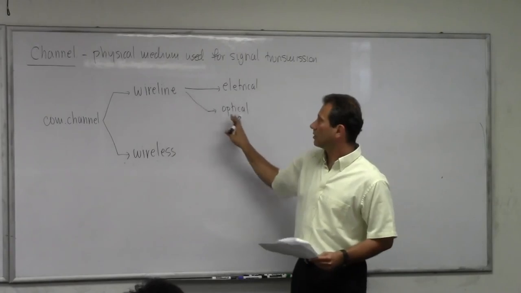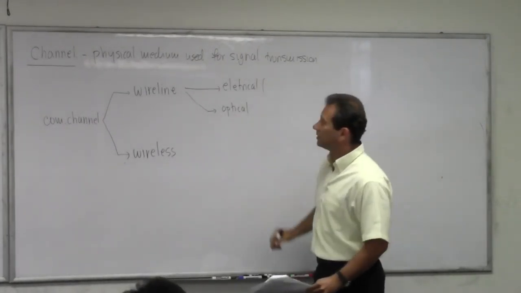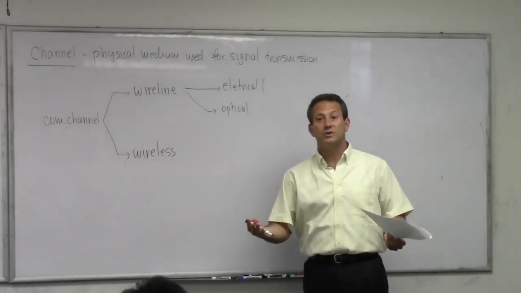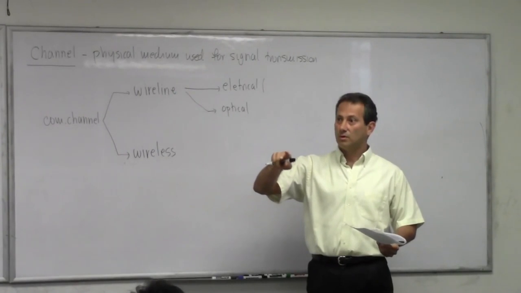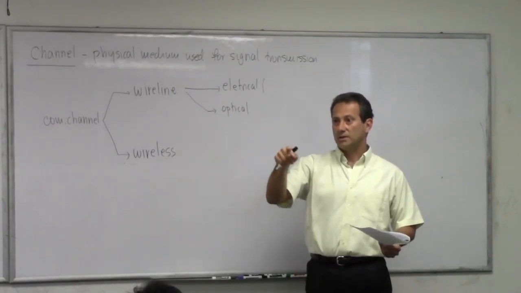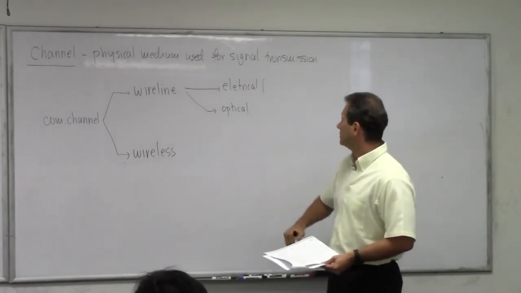What are typical examples of an electrical wireline channel? There's something called twisted pair. Do you know what twisted pair is? Those are the two cables, the blue and white ones, that are in every landline telephone.